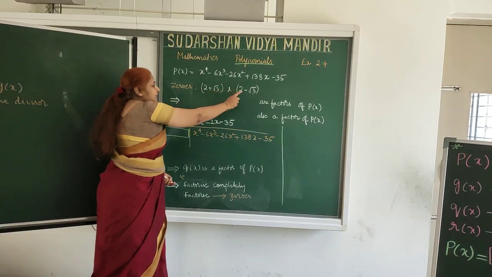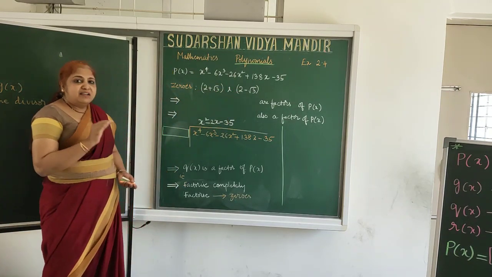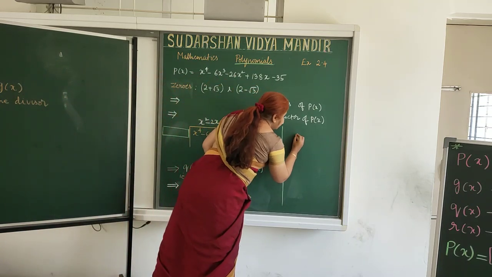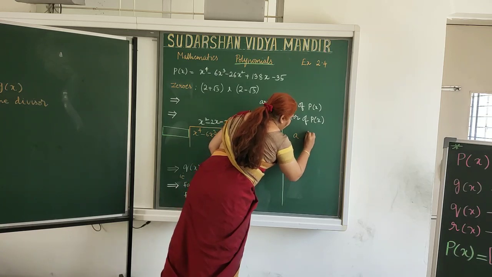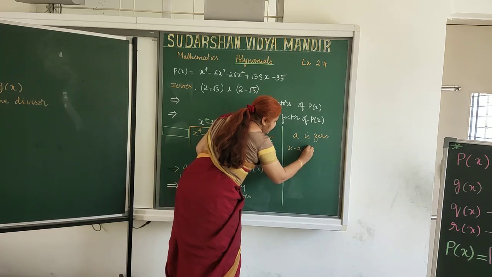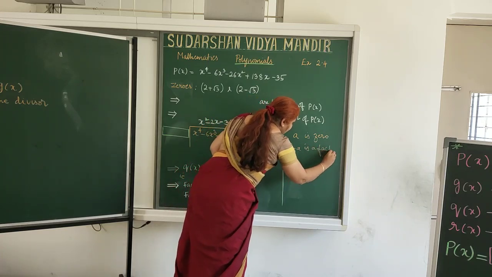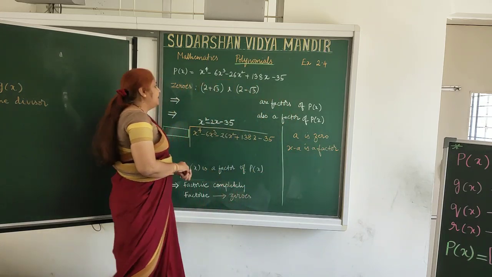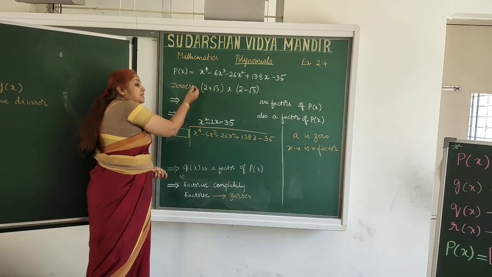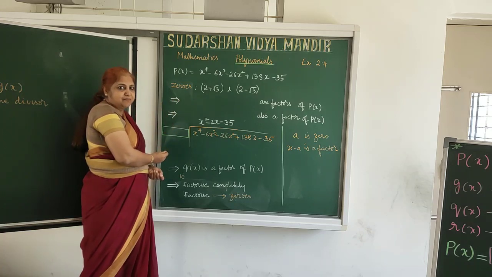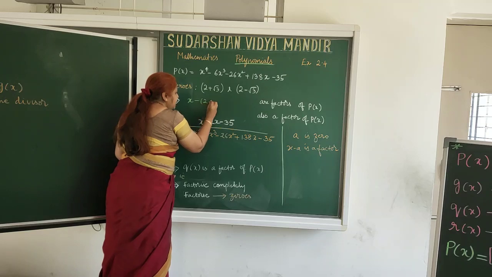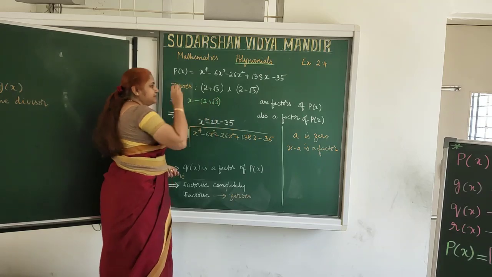If 2 plus root 3 and 2 minus root 3 are the zeros, going by, if a is a zero, x minus a is a factor. If 2 plus root 3 is a zero, what would be the corresponding factor? It is x minus (2 plus root 3).